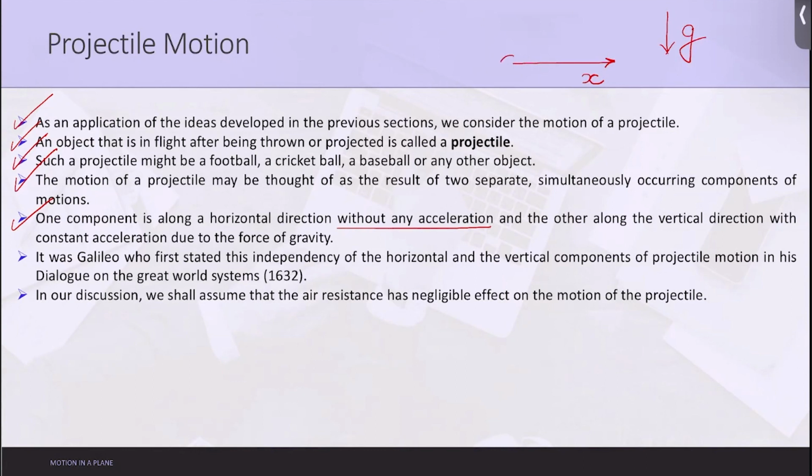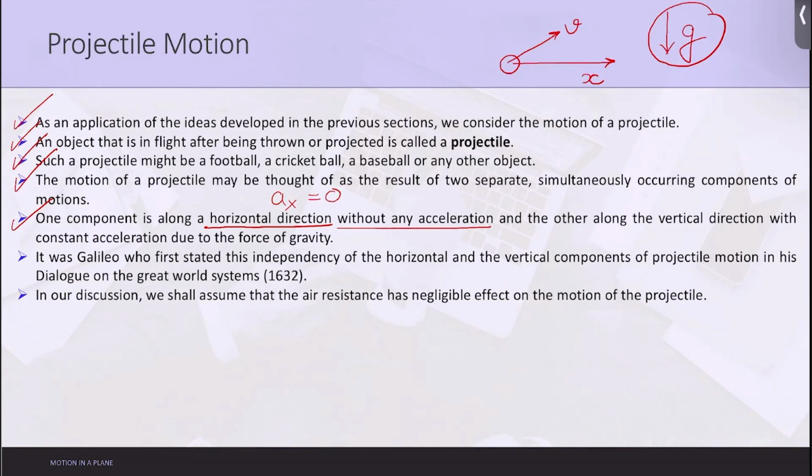Because the initial velocity is put in this direction with some v, there is no acceleration on the x-axis, because the question is framed such that acceleration is only due to the force acted by earth, that is, only due to gravity. And because gravity only acts in the vertical direction, there is no component of it along the x-axis. Therefore, the acceleration along the horizontal direction is zero, or we can write ax is equal to 0.